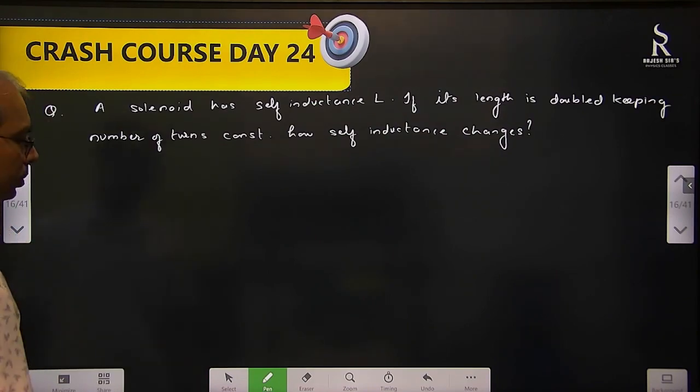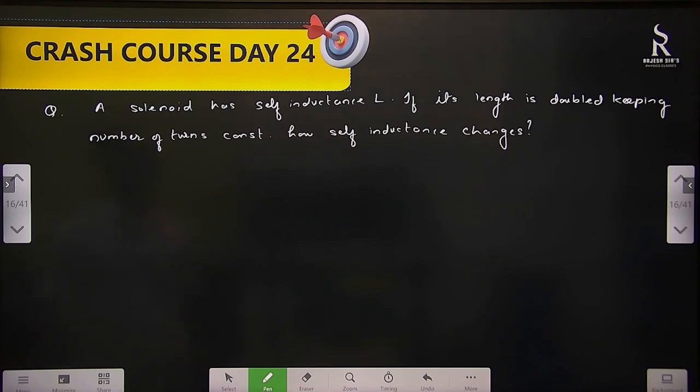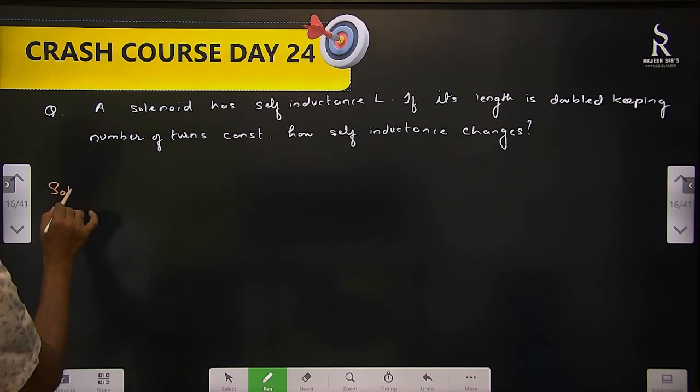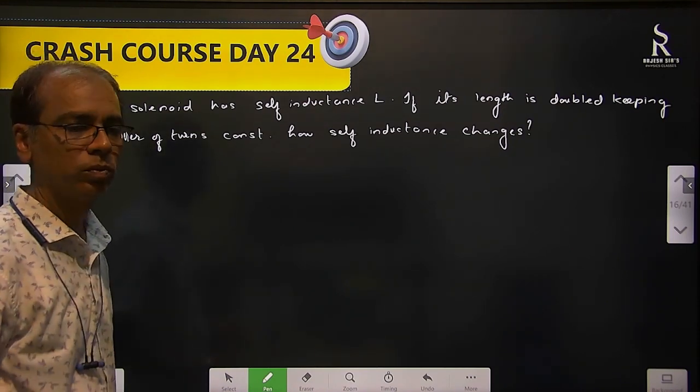Now what is there? A solenoid has self-inductance L. If its length is doubled, keeping the number of turns constant, how does the self-inductance change? The first thing is we should write what self-inductance is and what its value is.